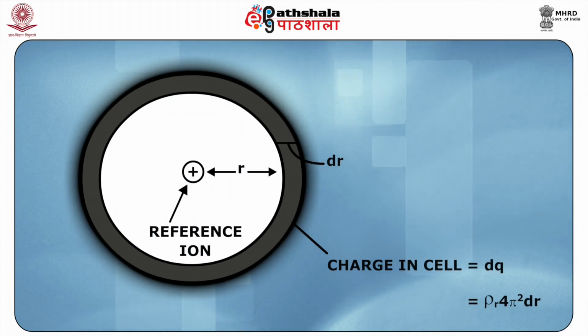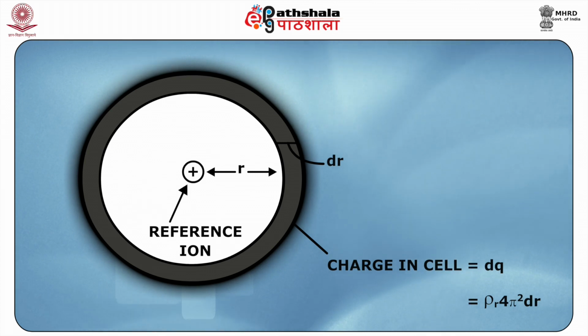We have discussed the charge density at a given distance, but we need to compute the total excess charge contained in the ion atmosphere which surrounds the central ion. Therefore, we consider a spherical shell of thickness dr at a distance r from the origin, that is, from the center of the reference ion.